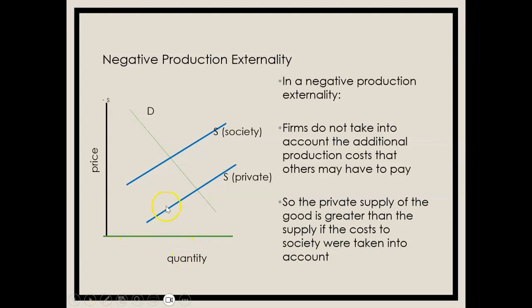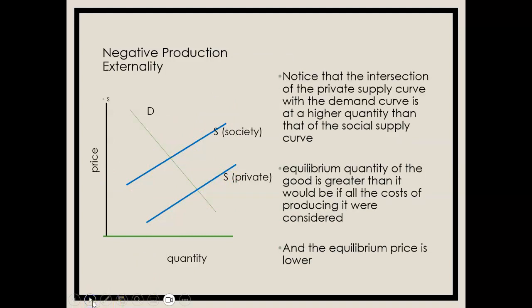So we see here we have a private supply curve and the social supply curve. And notice that the intersection of the private supply curve with the demand curve is at a greater quantity than the intersection of the social supply curve and demand curve.